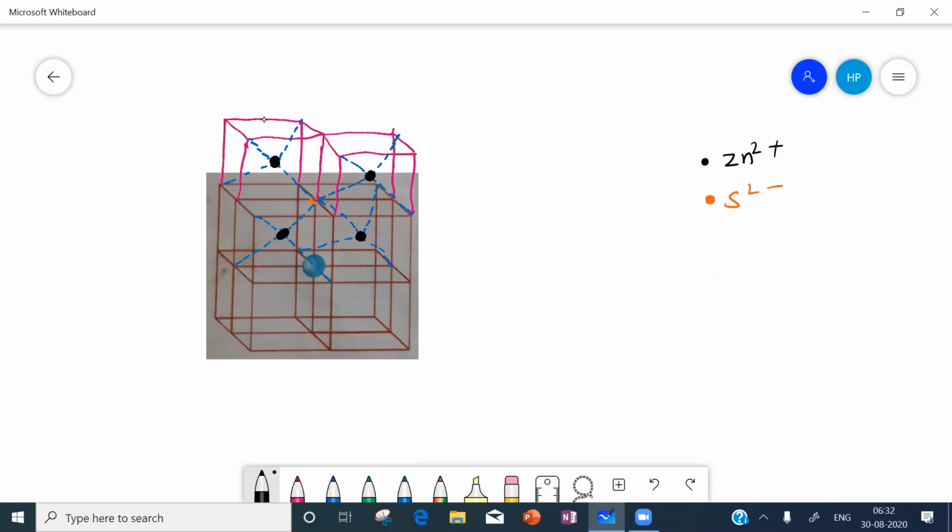Now the question is for you. This sulfide is in contact with how many zinc ions? Zinc ions are placed in tetrahedral voids, which means alternate tetrahedral voids.